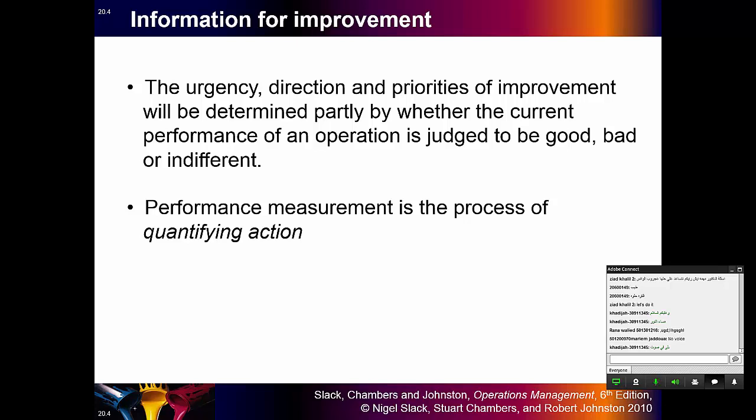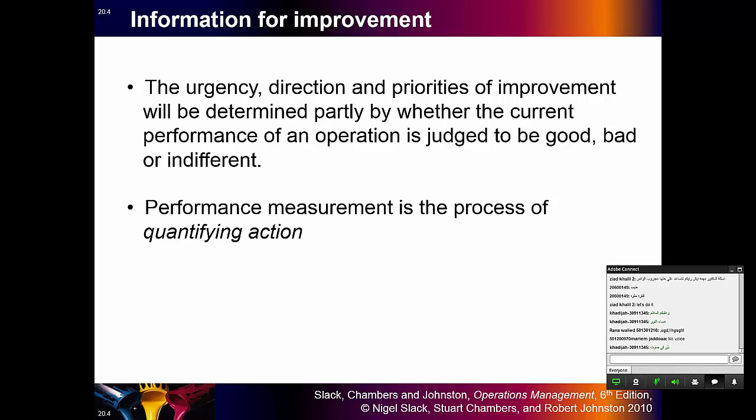As we discussed before, the performance measurement is the process of quantifying the action. That means in the performance measurement, we quantify the actions of operations or the processes of the operations.